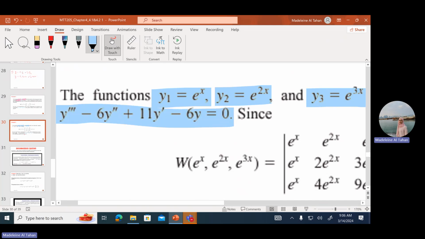What's the order of this one? Third order and homogeneous. So we need to prove that this set of solutions forms a fundamental set of solutions, and we need to write the general solution. Can we start with the determinant that we will find here? It will be 2 by 2 or 3 by 3? Why? Because third order and three solutions.